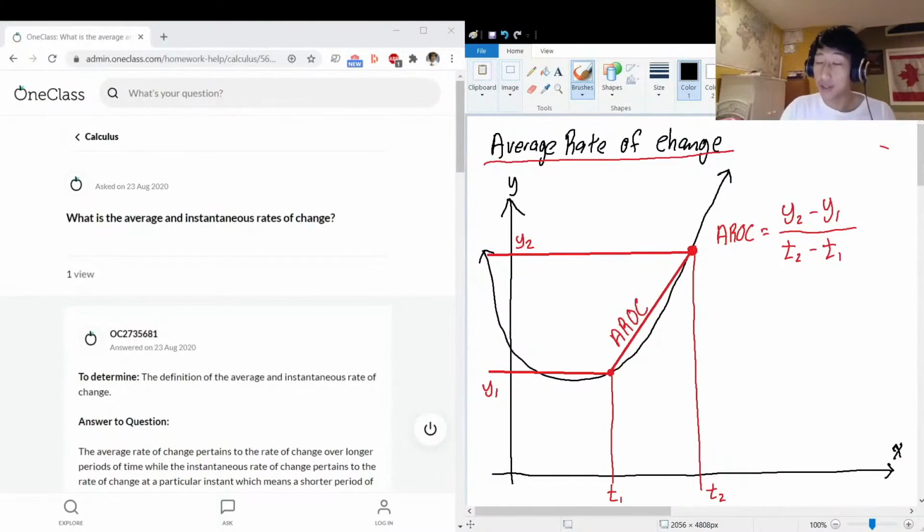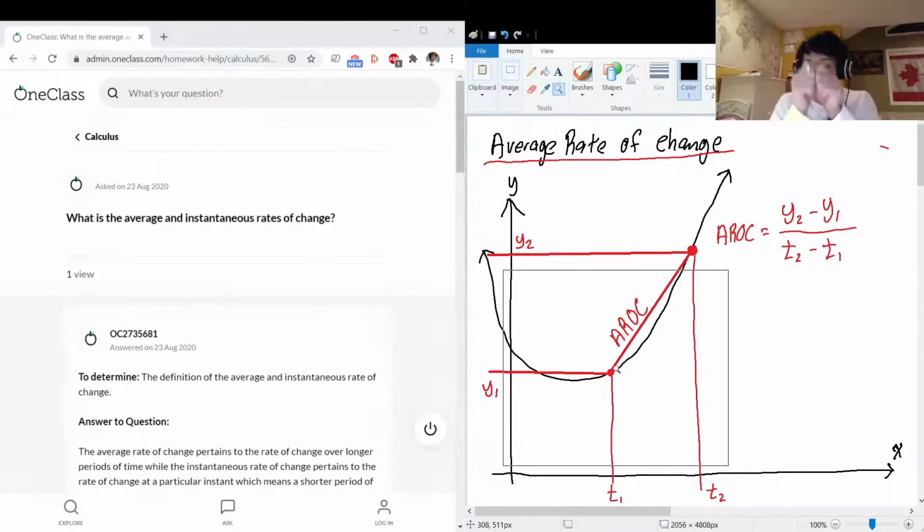Okay, now instantaneous rate of change is, imagine we moved these 2 dots to be much closer together. Like we move that dot right here, and we move that all the way down the parabola to here, so that they're pretty much on top of each other.